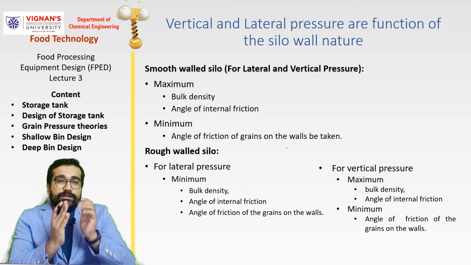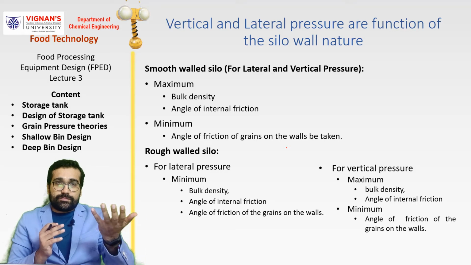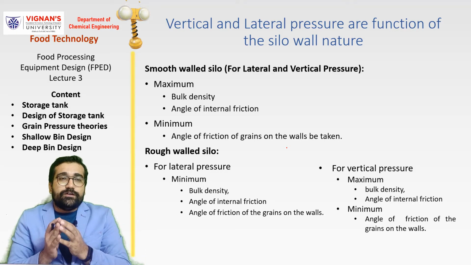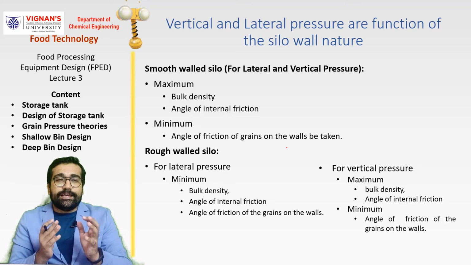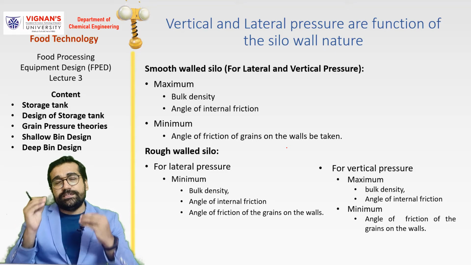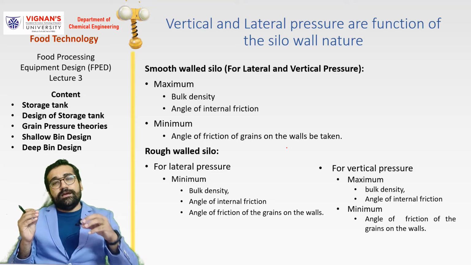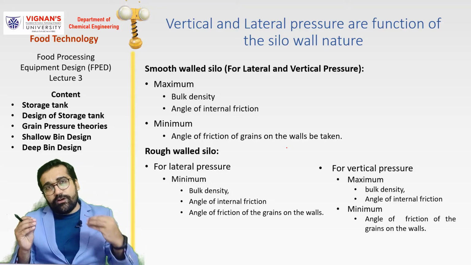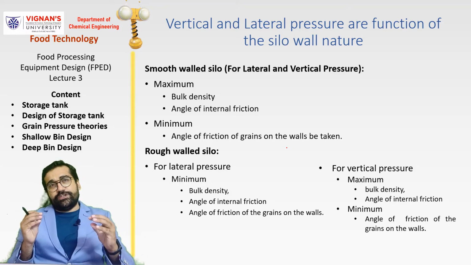When we are going to make a rough wall silo, like the corrugated steel silo we have seen, and we are measuring the lateral pressure inside, we take the minimum value of bulk density, the minimum value of the angle of internal friction and the minimum value of the angle of external friction.